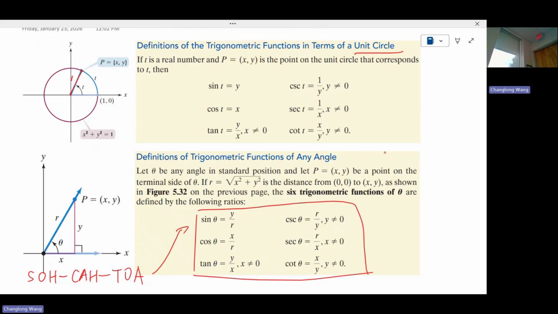Because you can never get any number that's greater than 1 or less than -1 to be the value of the sine, right? So if anyone tells you, oh, I have an angle, whatever that angle is, feed it to the sine function, you get 1.2. It's never going to happen. And that's why we say the range of sine is, let's see if they have it somewhere.